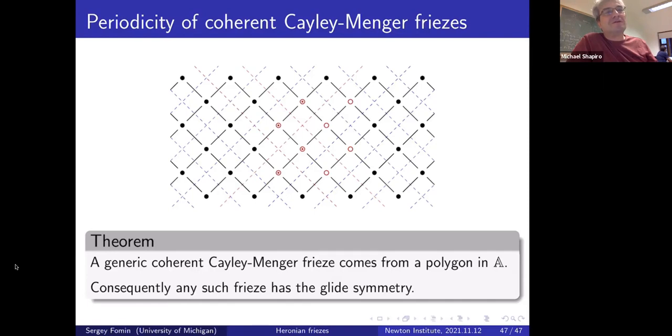And also on Gekhtman-Pylyavskyy. What is the relation, for example, between this situation and Gekhtman-Pylyavskyy? Can it be considered a particular case?